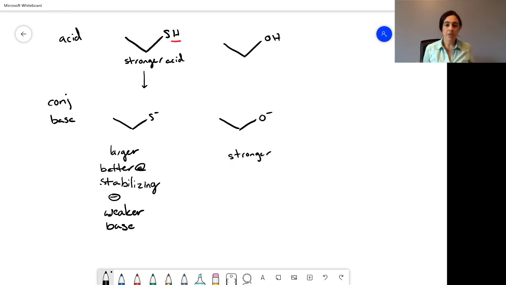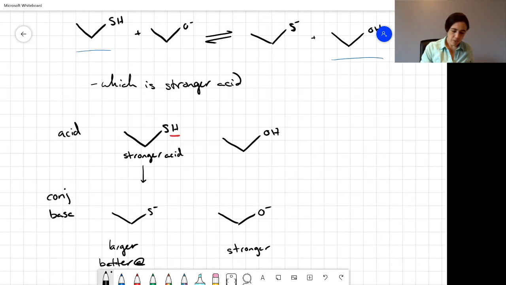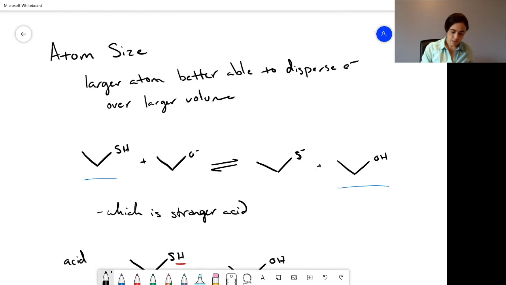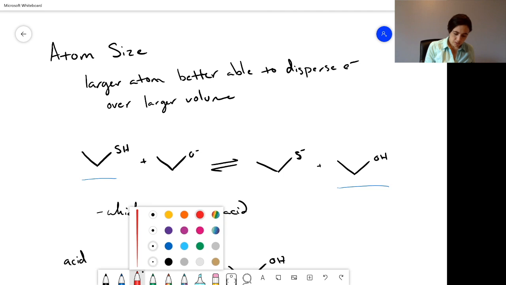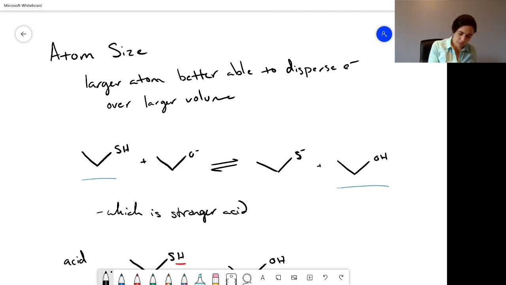It's less happy with that negative charge than the sulfur is, which means that it's going to want the proton more than the sulfur will. Right, so then if we come back up to our equilibrium reaction, we can see that we now can identify this as our stronger acid. And therefore, the product side of this reaction will be favored.